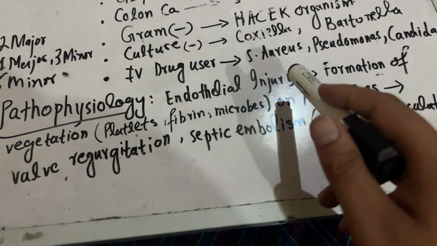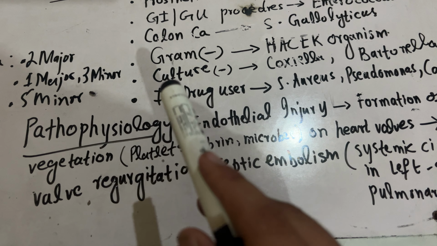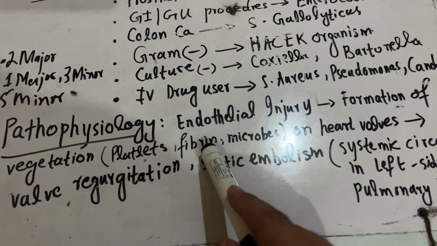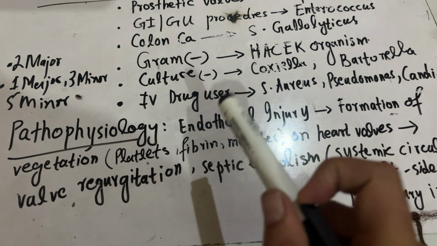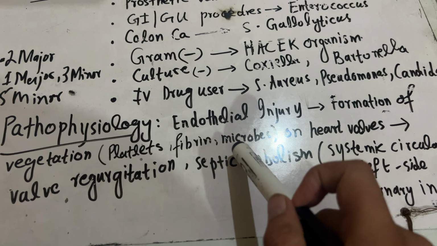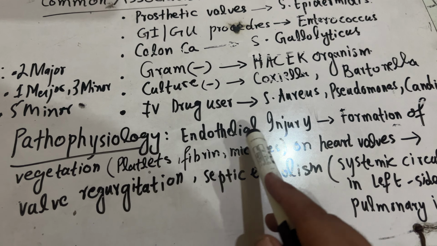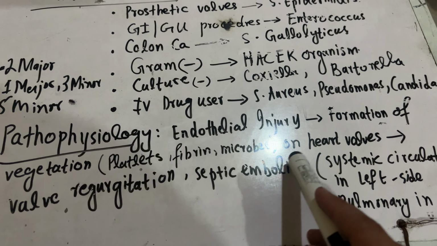Vegetations are located on the heart valve, and they contain platelets, fibrin, and microbes. It can be bacteria or fungi, but most commonly the microbe will be bacteria. So endothelial injury can lead to formation of vegetations on heart valves.